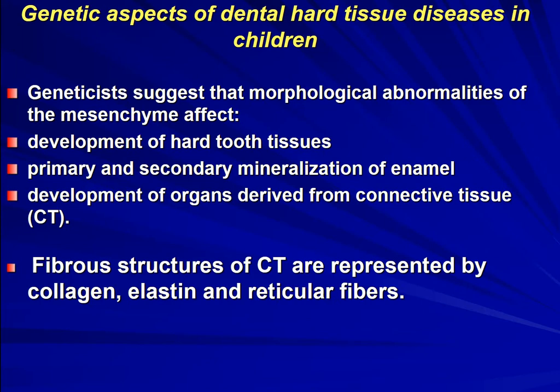Geneticists suggest that morphological abnormalities of the mesenchyme affect development of hard tooth tissue, primary and secondary mineralization of enamel, and development of organs derived from connective tissue.